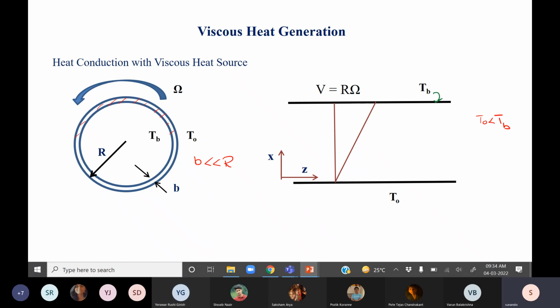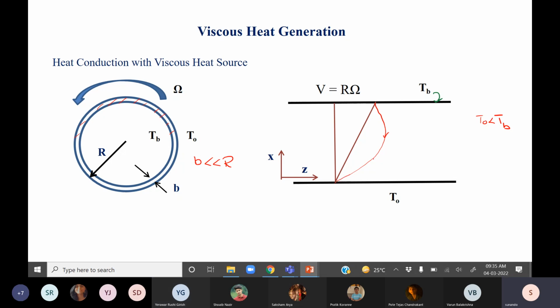Okay. So what you are saying is that the viscous dissipation could result in sufficient heat generation in the system such that you would get a curve wherein the maximum temperature may not be TB, and the profile could be something like this, where the temperature at some yet to be specified point may exceed TB, right? Yes, sir.